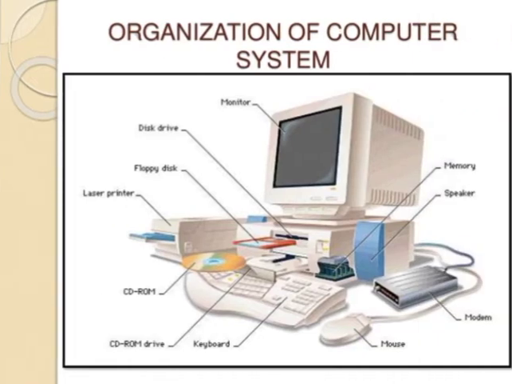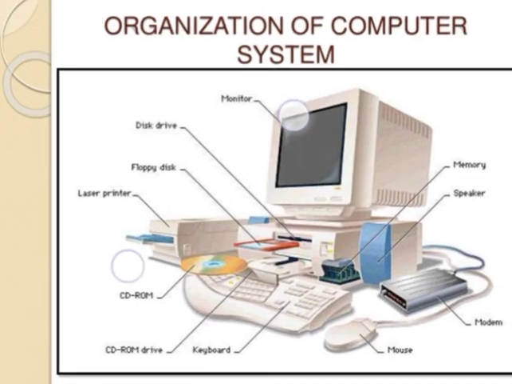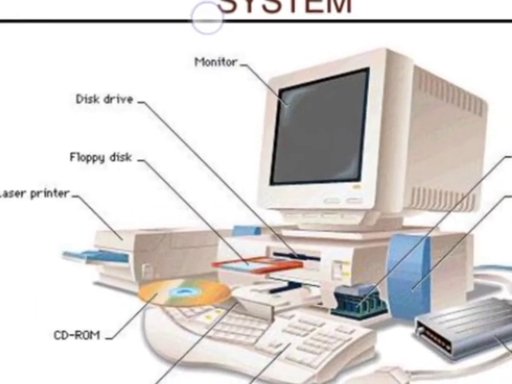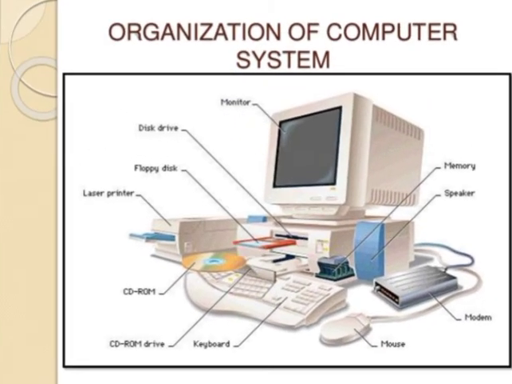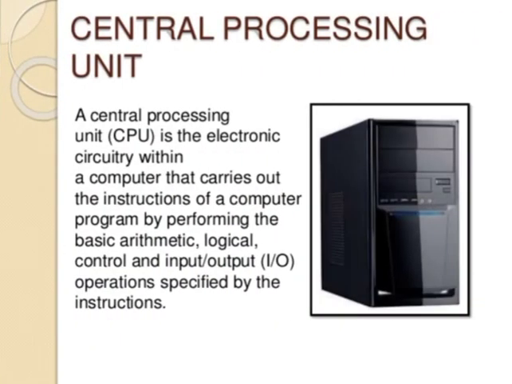Now, the organization of a computer system. You can see here a computer system with all its parts. First, we will talk about the most important part of the computer system, that is the central processing unit.